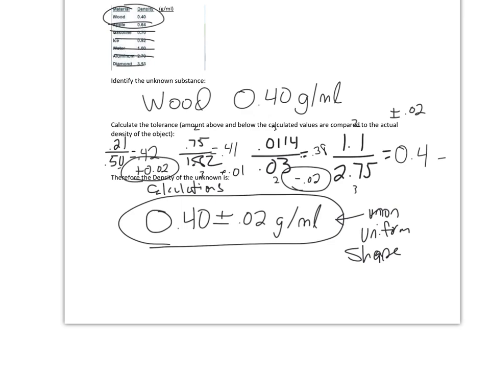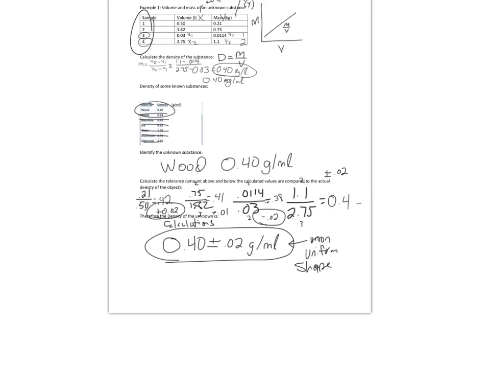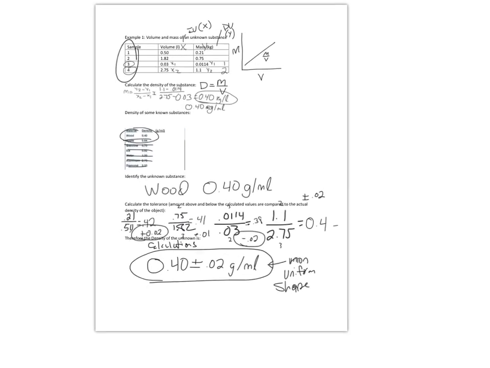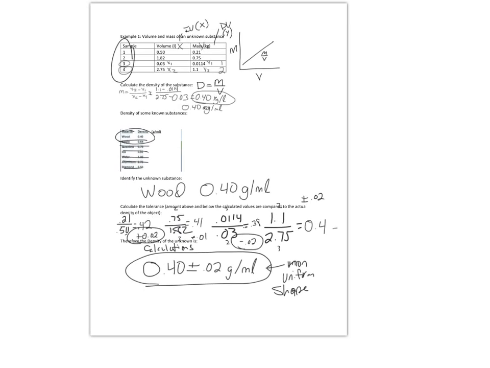So if I were to ask you to calculate the density from these values here on this table, I would get 0.40 plus or minus 0.02 grams per milliliter. The 0.02 here reflects how my calculations for each individual density were above and below. The 0.40 is basically from my slope formula.